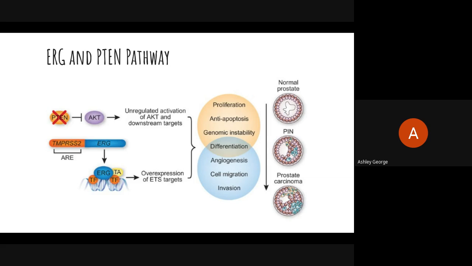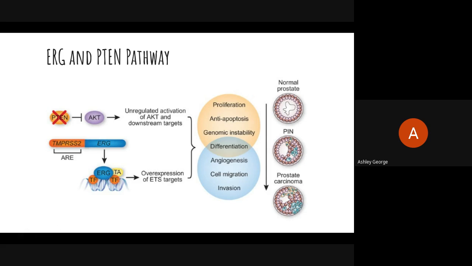But in prostate cancer, they're found to be overexpressed. And so, as we see right here, the ERG has a fusion with the TMPRSS2 gene, which is regulated by androgens, so it can lead to overexpression of the ERG.